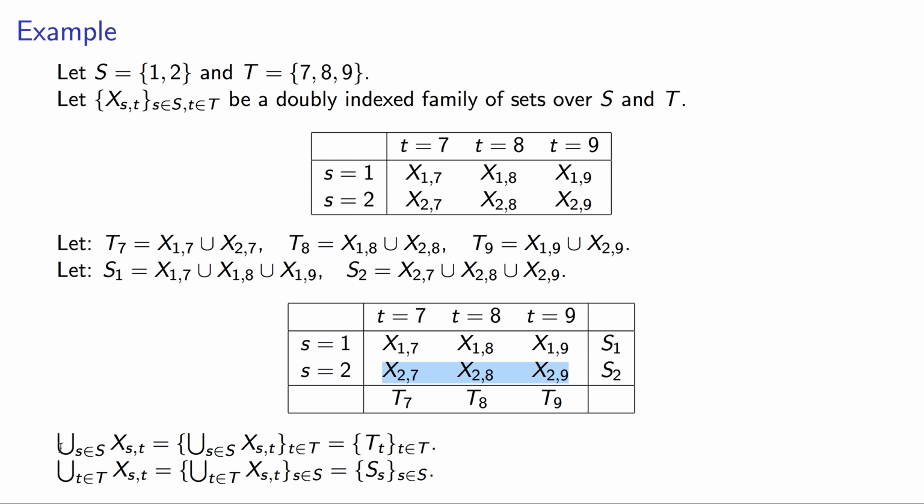And now, what is the union of this doubly indexed family on the first index? Union with s in capital S. For every t in capital T, we are treating the little t as fixed, and we are forming the union of the singly indexed family on s in capital S. This union is equal to T sub t.